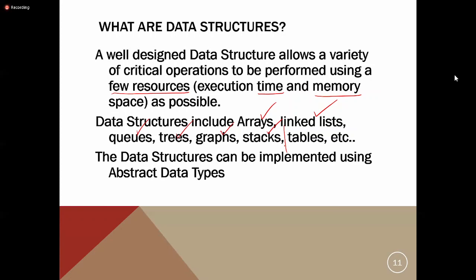So these are the things that we cover in this section. The data structures can be implemented using abstract data types. Before looking at the abstract data types, we will look at the different data structures, and then let's move on to the abstract data types.